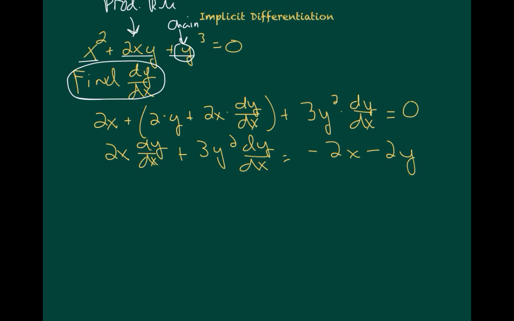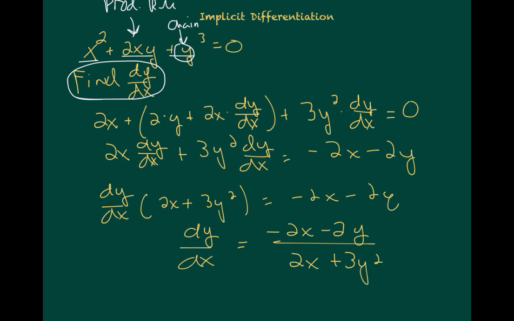Now, I'm going to factor out a dy/dx on the left side, and I'm left with this final quotient, which equals the derivative. Now, in implicit differentiation, it's okay that I ended up with a y in there. That's going to happen. Okay, let's move on to take a look at another example.